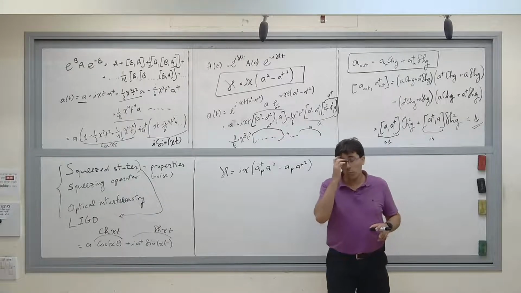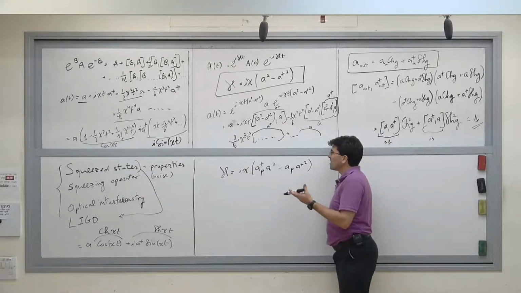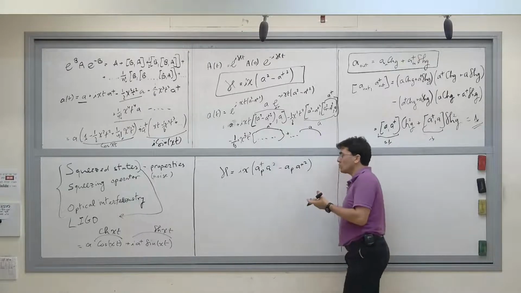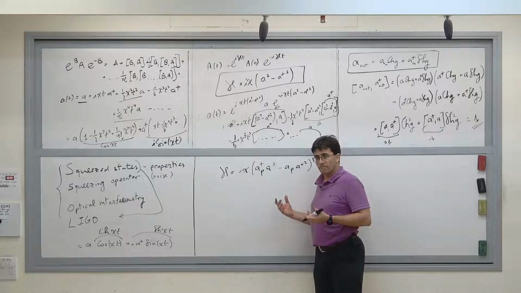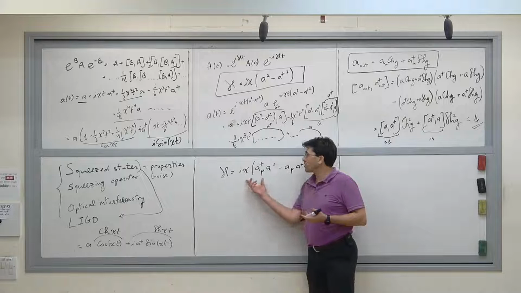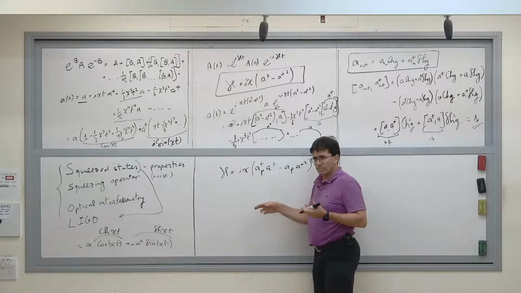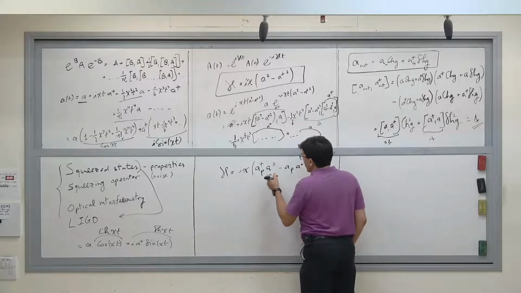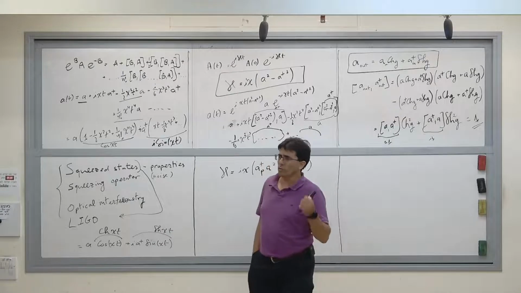We have to say something about why it should be so, and what just happened now. The answer is, let's assume that the interaction is weak. The interaction is weak, meaning this pre-factor of chi is a very small number. And the pump contains a lot of photons.